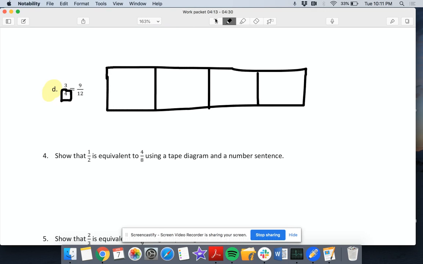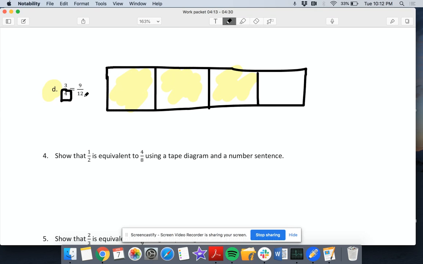How many boxes need to be shaded? Well, 3, right? Because that's my numerator. So I'm going to shade in 3. 1, 2, 3. Okay. Now I need to try to get to 12 equal boxes. And how do I do that?